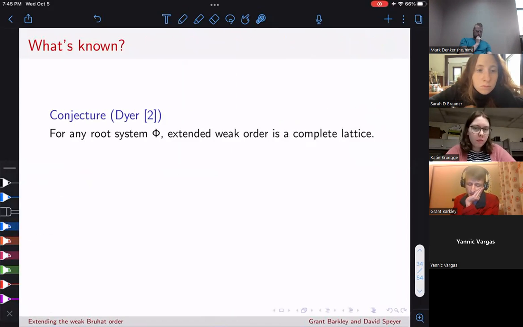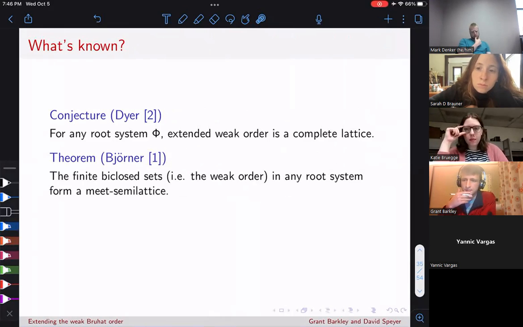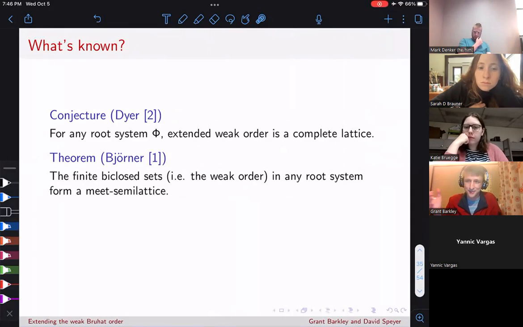Okay, so what do we know? So first of all, there's this powerful theorem by Bjorner, which is that the finite biclosed sets are a meet semilattice. So this is the weak order. So for finite Coxeter groups, this just implies that extended weak order is a lattice because it is the same thing as the weak order, and we know the weak order is a lattice.